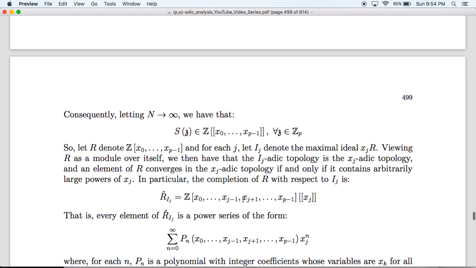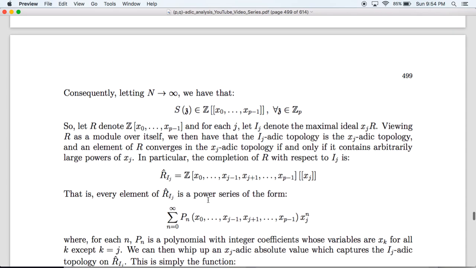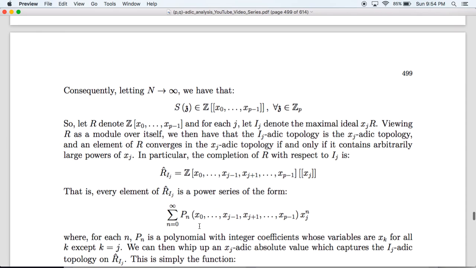In particular, the completion of R with respect to ij is the ring of power series in xj where the coefficients of our power series are polynomials in all of the x's other than xj. And so that's what our elements have appearance like.